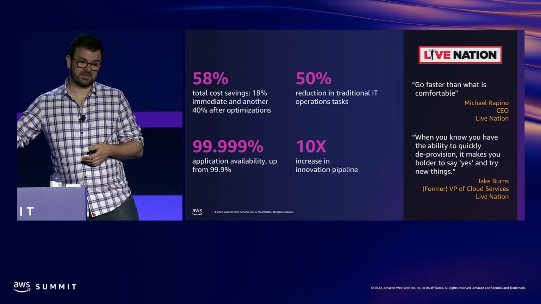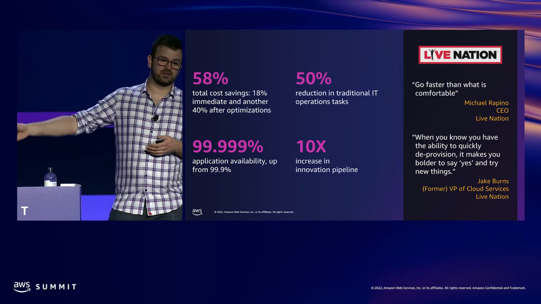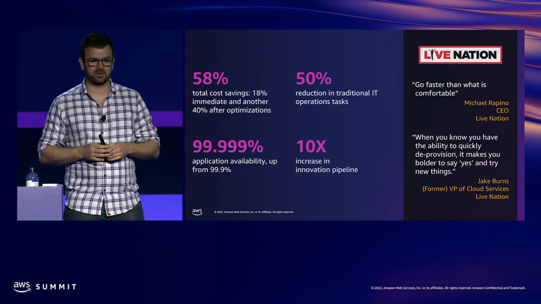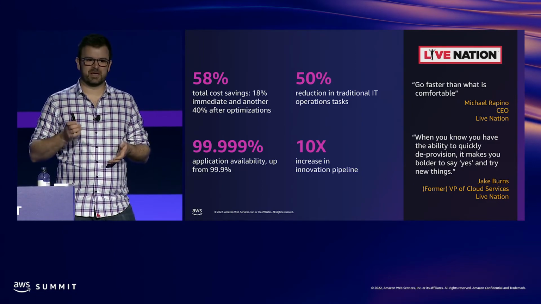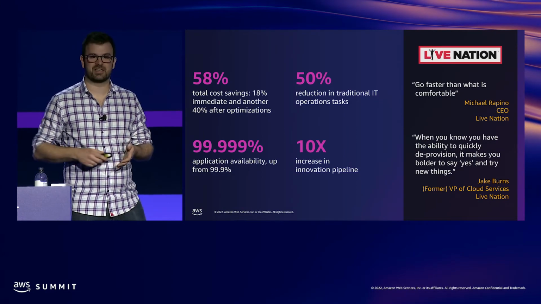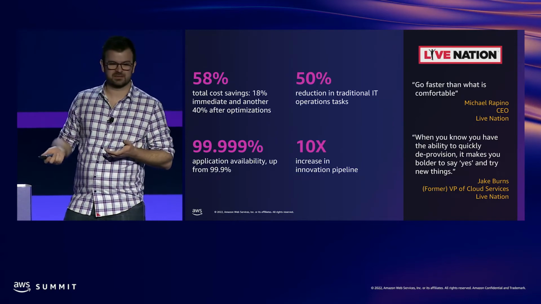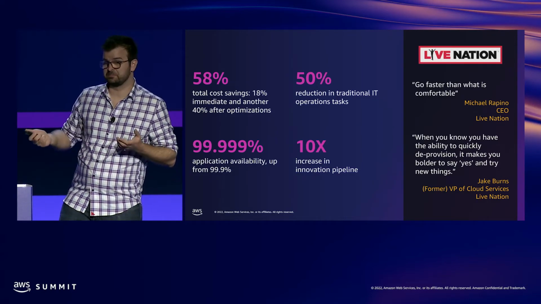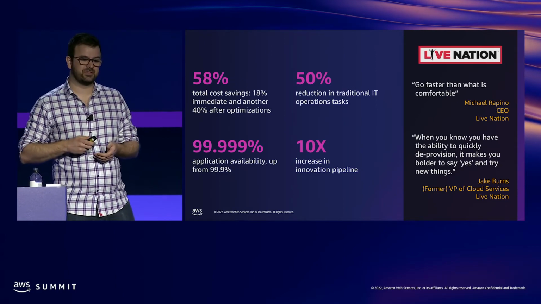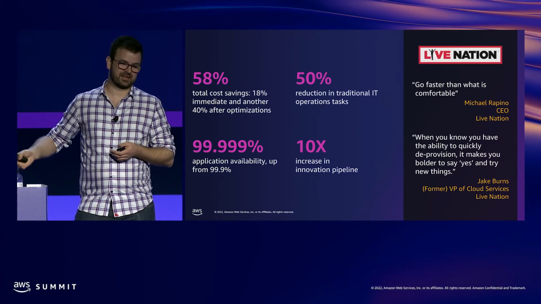Because there's a couple of customers that we've seen go through this journey, or at least have been pretty far along this path. So Live Nation is an example that I like to talk about, because they were actually able to measure their cost savings both before and after optimization. So they moved to AWS and they saw an 18% immediate cost savings, and that's pretty good. But after optimization, they were able to save an additional 40% and reduce their waste that way.